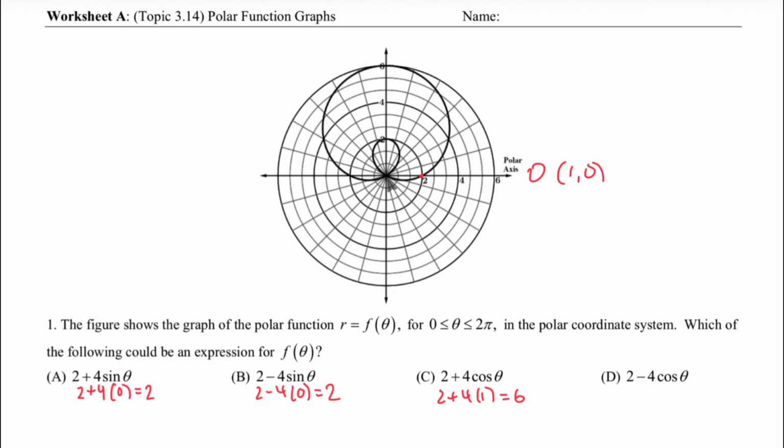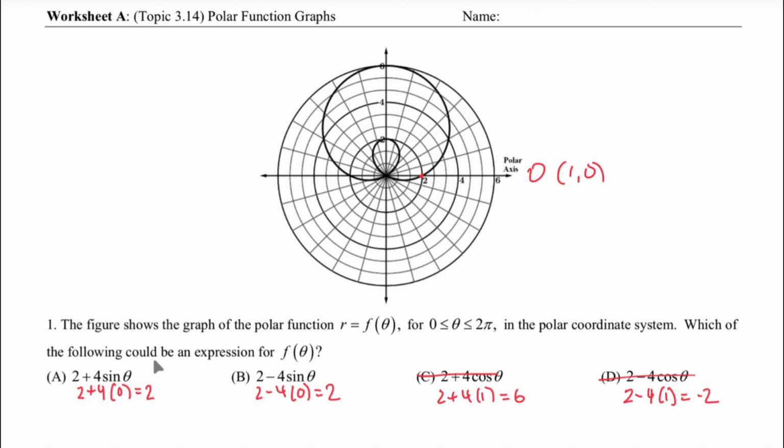If you look at this line, just to make sure you're not confusing it with this line too, this line is not 0, this line is pi, which is completely different coordinates. It's -1, 0. So C is not correct. Now if we do D, 2 minus 4 times 1, that would be -2. -2 is not correct because it's 2, so D is wrong too.